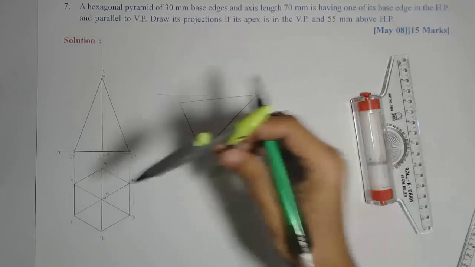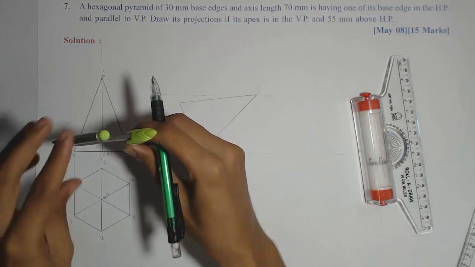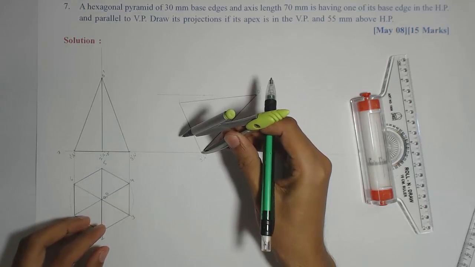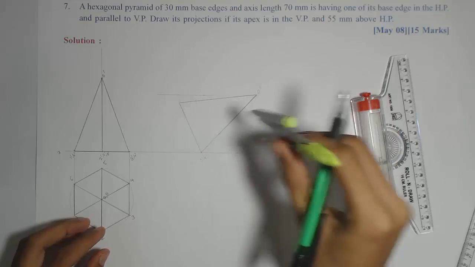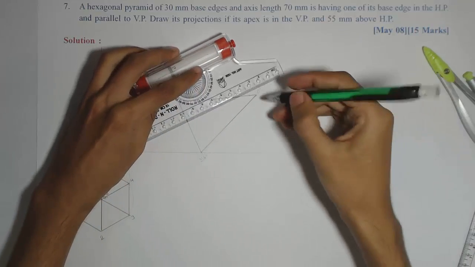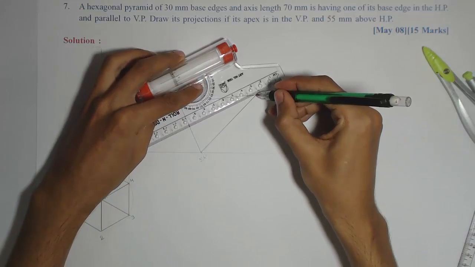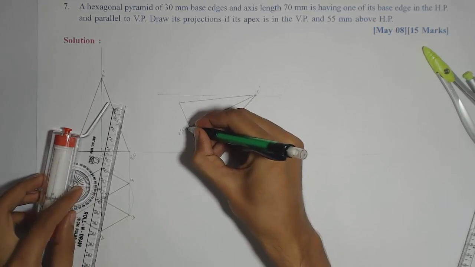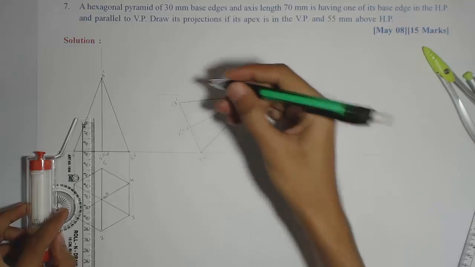Again we need to mark this point in between, which is 2 dash, 5 dash, O dash. That is again a dark line. So 2 dash, 5 dash, O dash, and this is 1 dash, 6 dash.